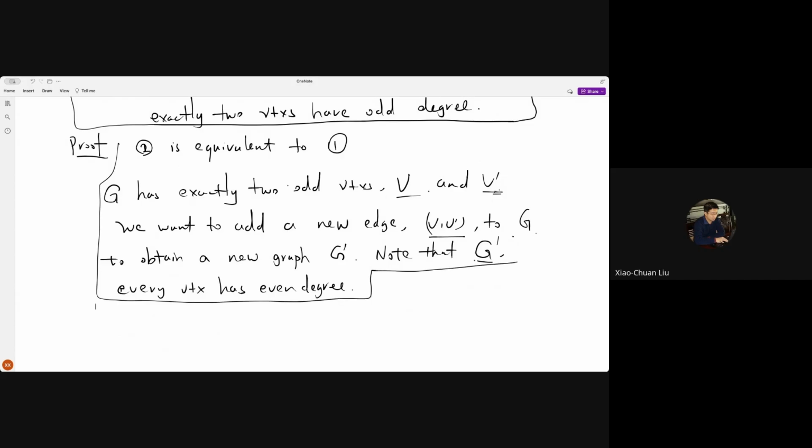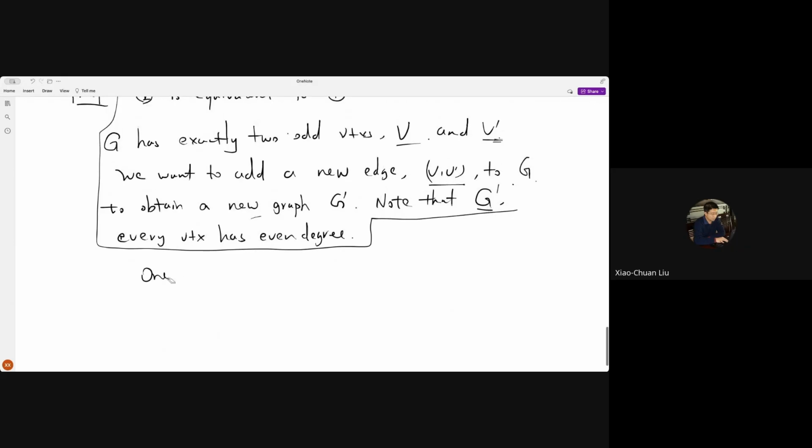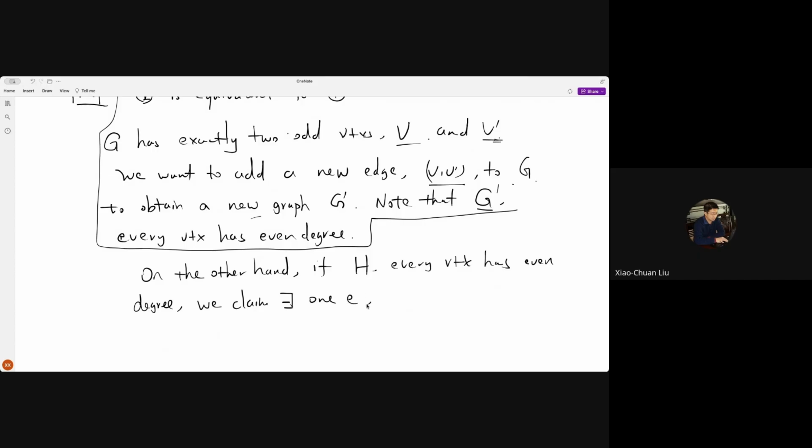Okay. So on the other hand, if in H every vertex has even degree, we claim first, I think it's enough to find that there exists one edge E such that H minus E is still connected.